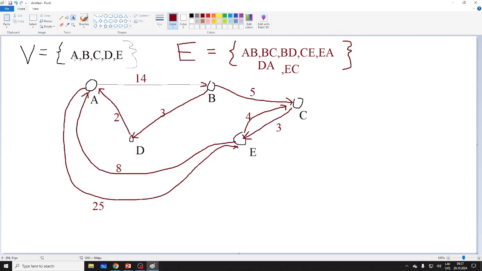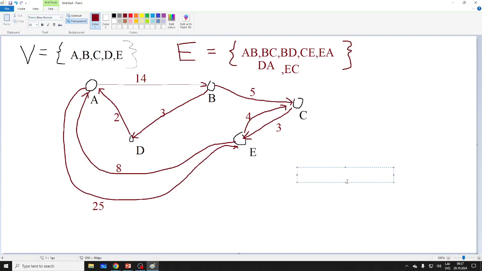But in general terms, how do you calculate this? On a full undirected graph, E equals what?